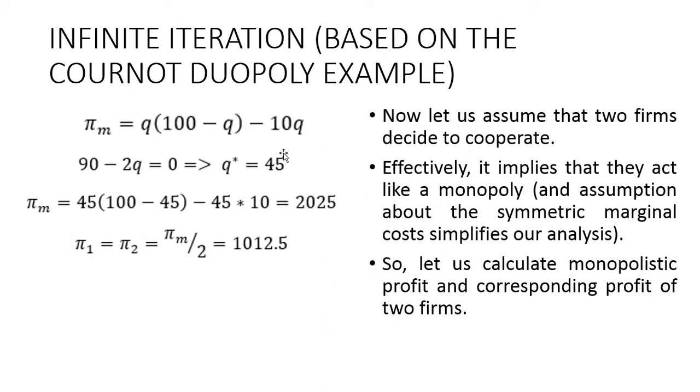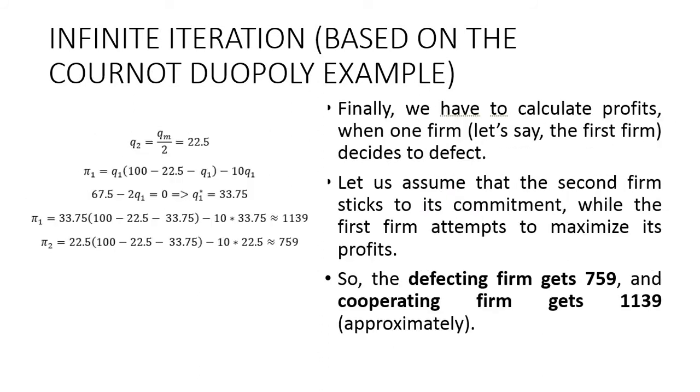So if two firms produce 45 units, then one firm would produce 22.5. So we assume that the second firm is a fair player, so it sticks to its commitment. And now we have to analyze how many units the first firm should produce in order to maximize its profit, keeping in mind that the second firm will produce 22.5 units.